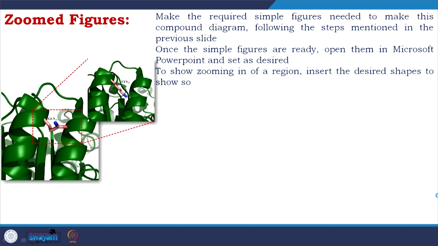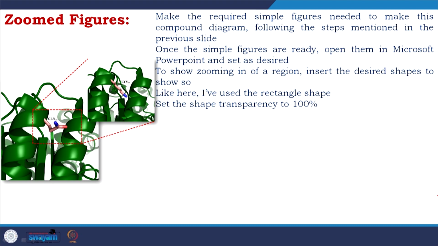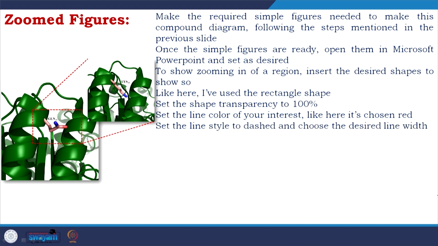To show zooming in of a region, insert the desired shapes to show that. Here you see we have used rectangle shapes, you could use rectangle shape, you could use any other shapes. Set the shape transparency to 100%, set the line color of your interest, like here we have chosen red.